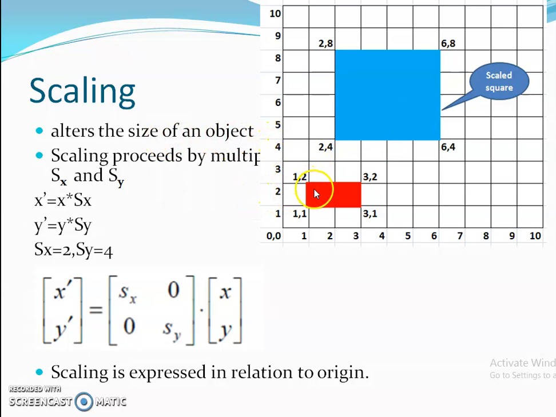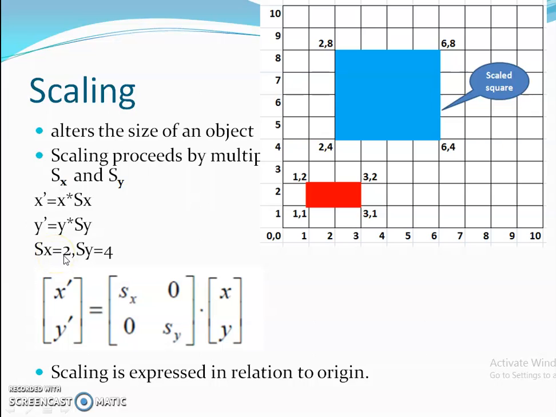In red color, the red background rectangle is our original image. I am going to scale it, and the newly scaled square appears on top in blue background. How do we scale it?